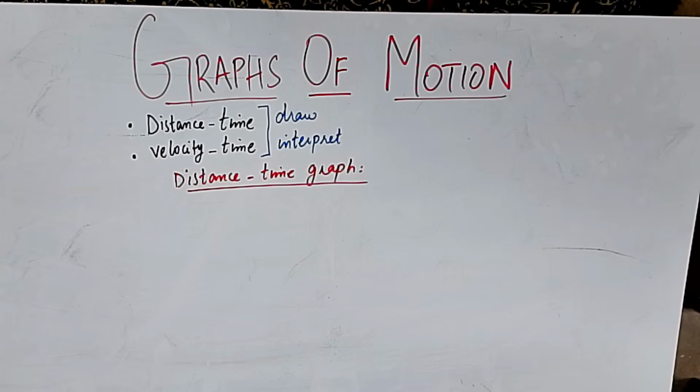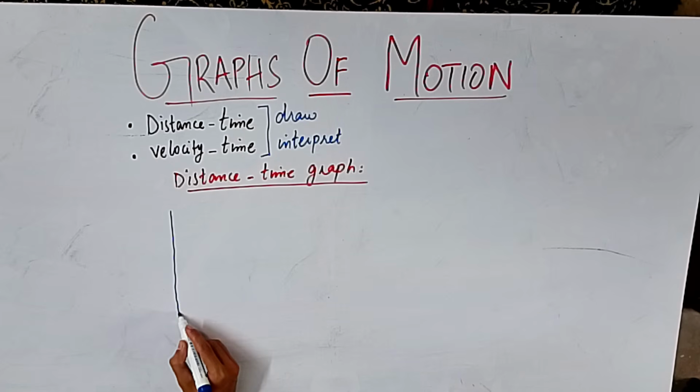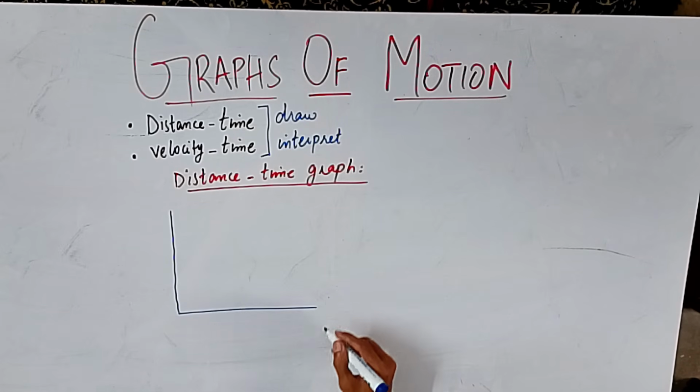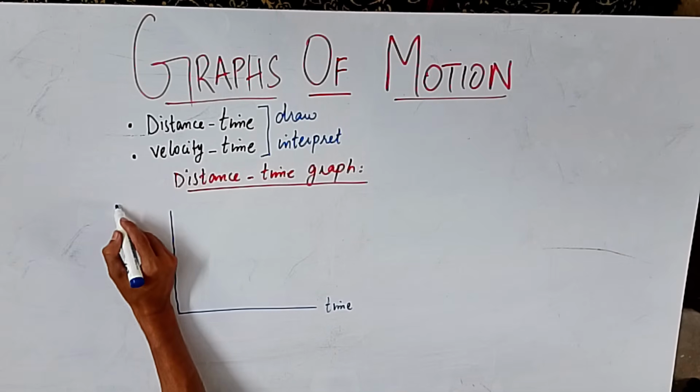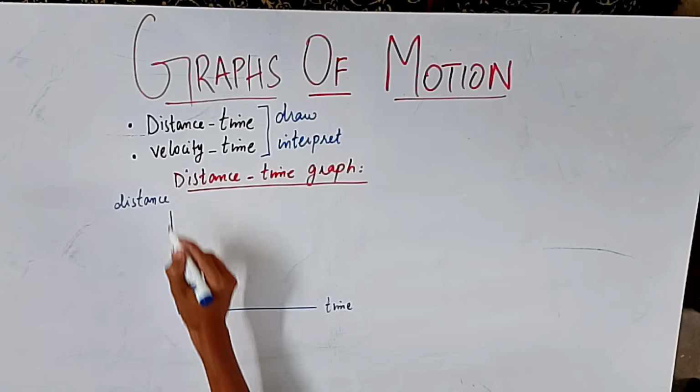It will continue on and run continuously. So you will always plot your time on the x-axis. In the distance time graph, the time will always be on the x-axis and distance will always be on the y-axis.